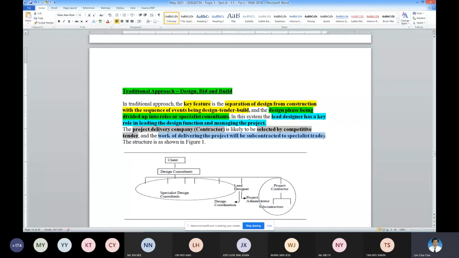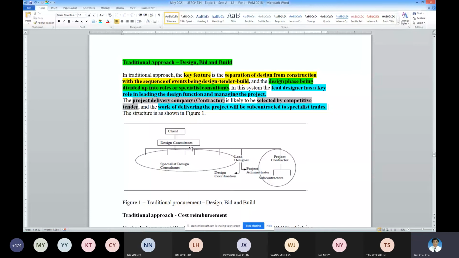So this is the traditional approach. And then this is the presentation of how the client, the consultants, and the contractor are linked. This is the design-bid-build type of procurement.